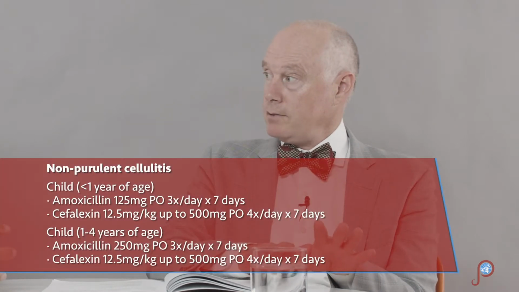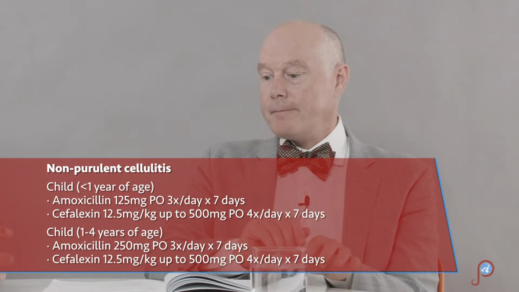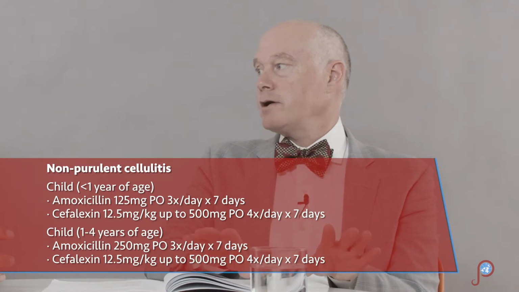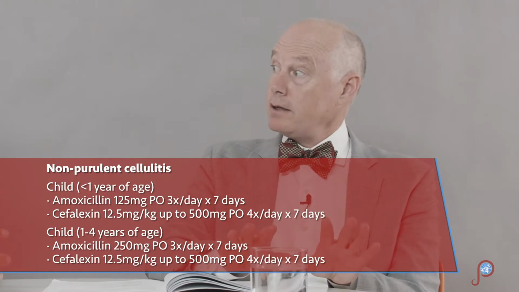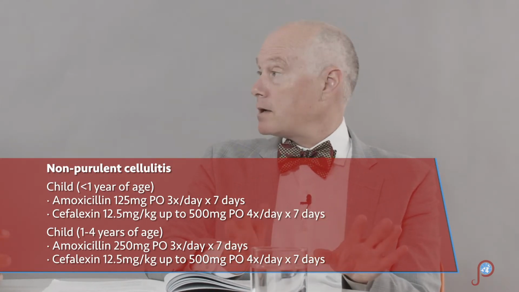Well, the treatment is going to follow from an accurate diagnosis. The accurate diagnosis that you want to make is non-purulent or streptococcal cellulitis, or erysipelas. That is going to respond very quickly to antibiotics that target strep. So we often recommend amoxicillin.